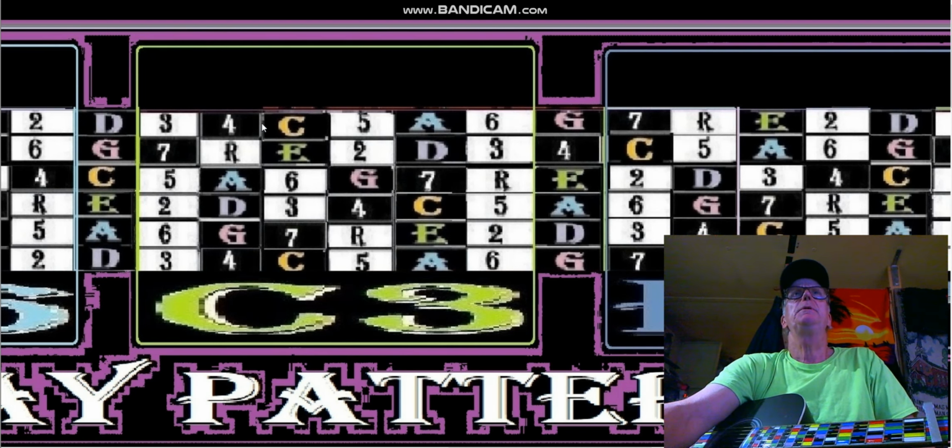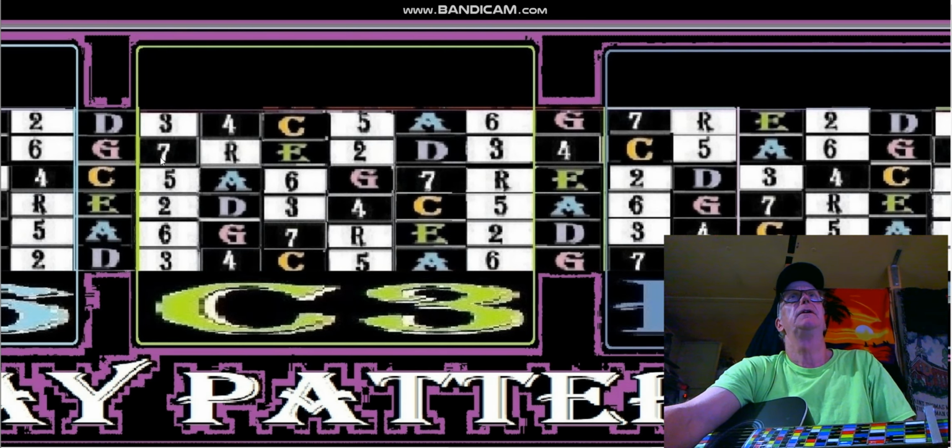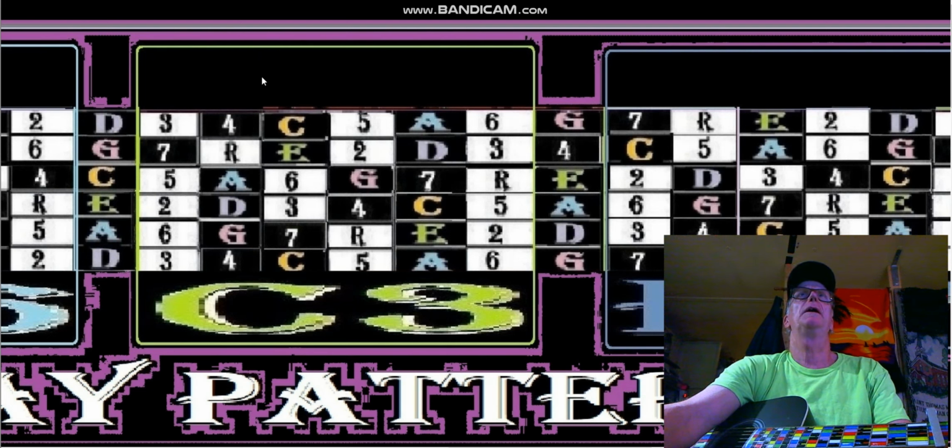We should be missing a string shape, because on top of 4, 5, 6 is 7, root, 2, and we didn't play 7, root, 2. I mentioned it, but we didn't mention it in the build. The 7, root, 2 will go right up here if we had ourselves a 7-string guitar, right? It would go right up here.